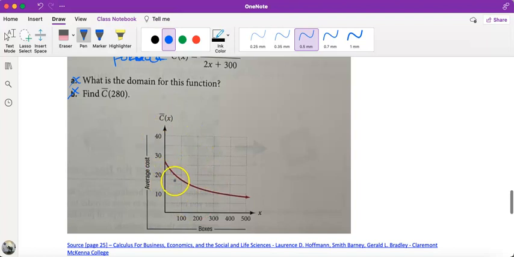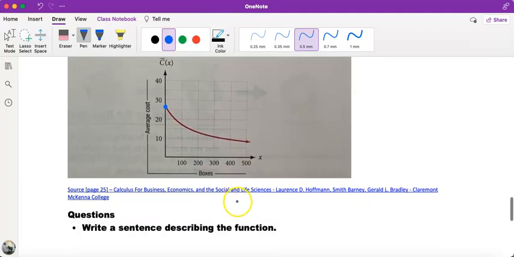And so at time 0, initially, you had the average cost, I'm guessing, of a little over $26.